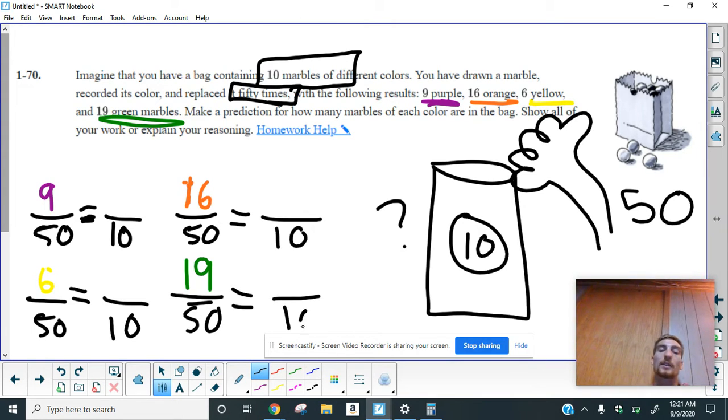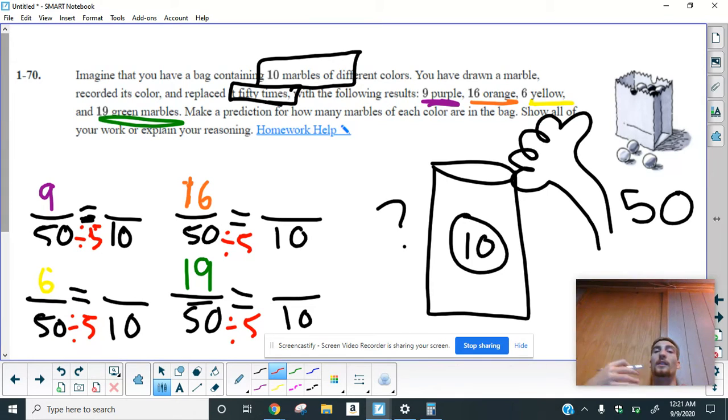What mathematical action did we have to make? Well, we can divide 50 by 5 to get to 10. So if we do that for all of our denominators, we also have to do that for all of our numerators, right? What we do on the bottom, we have to do to the top.